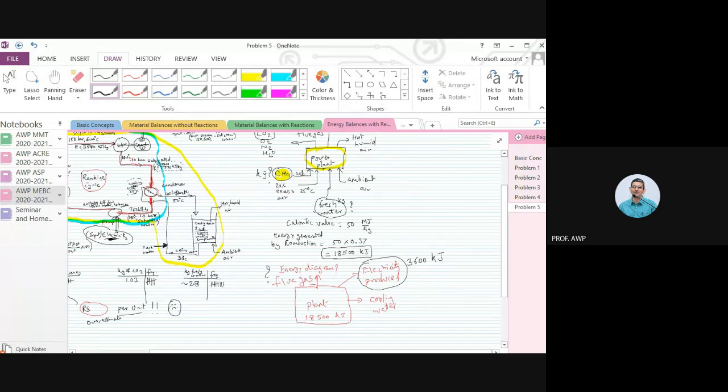How much energy is going in the flue gas and how much energy is going in the cooling water? Almost 450. Now, individually, how much is going in the flue gas and how much is going in the cooling water out of this 18,500?